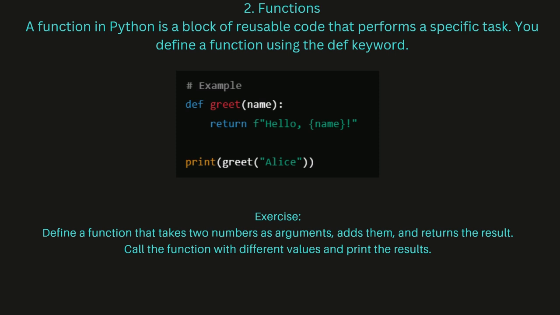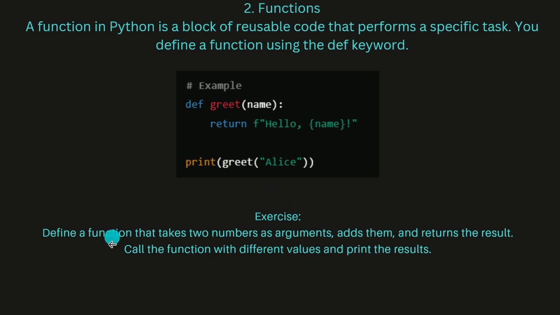An example: the structure of the function is def and the name of the function, and in the parentheses we give a parameter name, and the function returns the value hello and the name we give in the parameter, and we print it using print and greet.